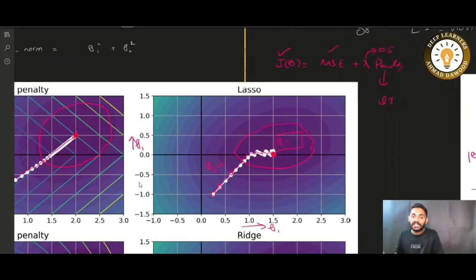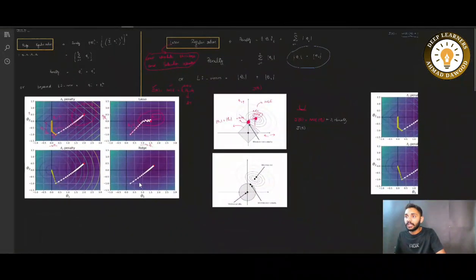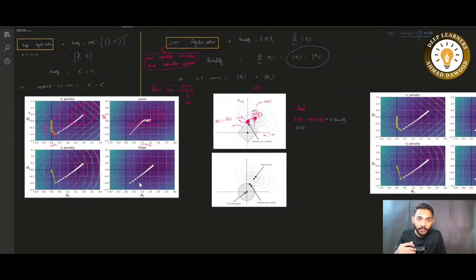I told you in the last session that in some cases we do regularization by making our parameter values smaller, and in other cases by making some coefficients equal to 0. Lasso has the power to make some coefficients equal to 0.